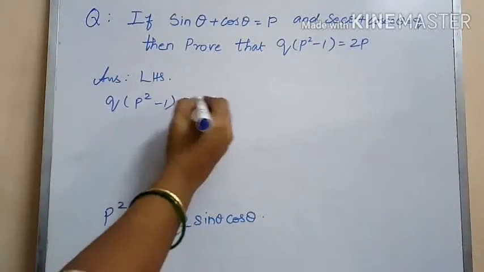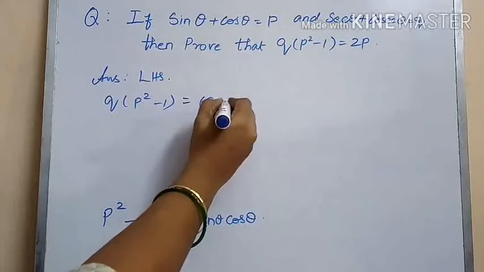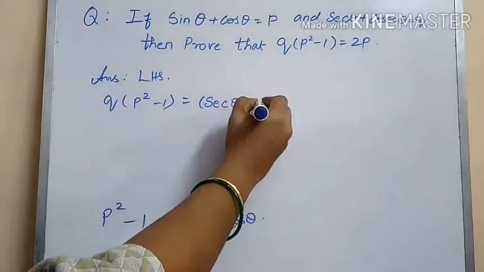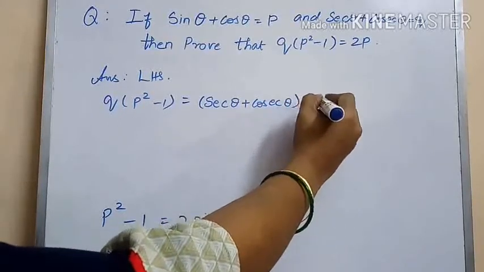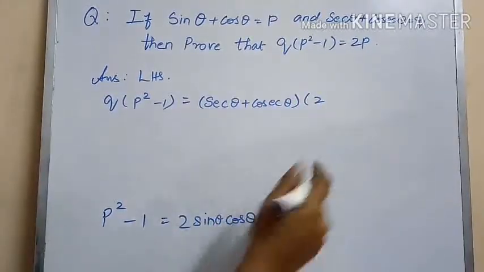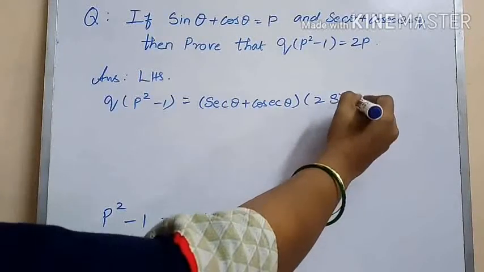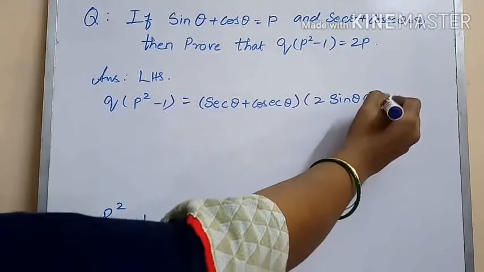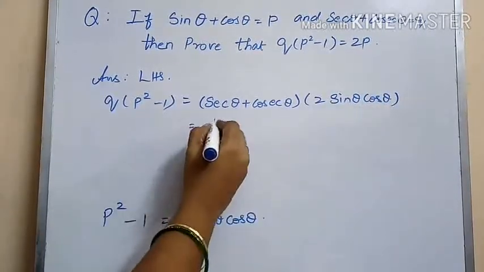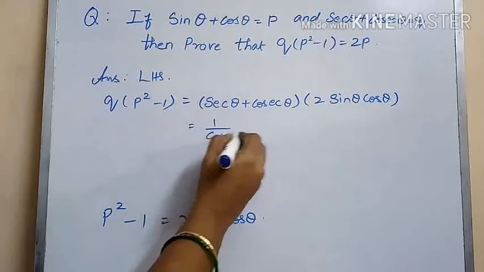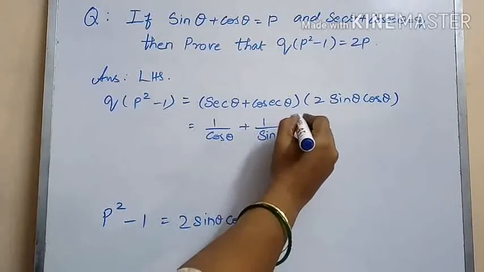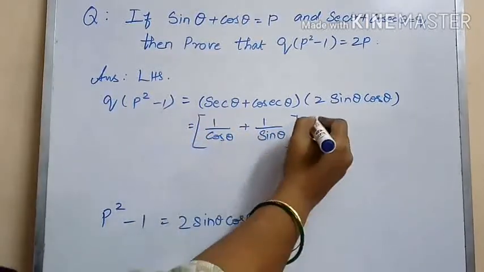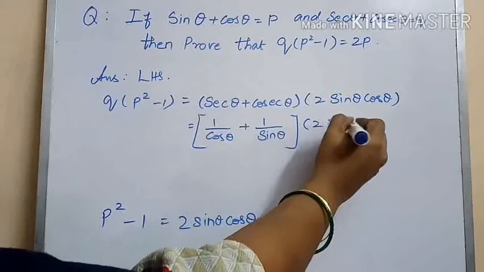Now let us find Q into P squared minus 1. Value of Q is secant theta plus cosecant theta, into P squared minus 1, which is 2 sin theta cos theta. We can write secant theta as 1 by cos theta plus cosecant theta as 1 by sin theta, into 2 sin theta cos theta.